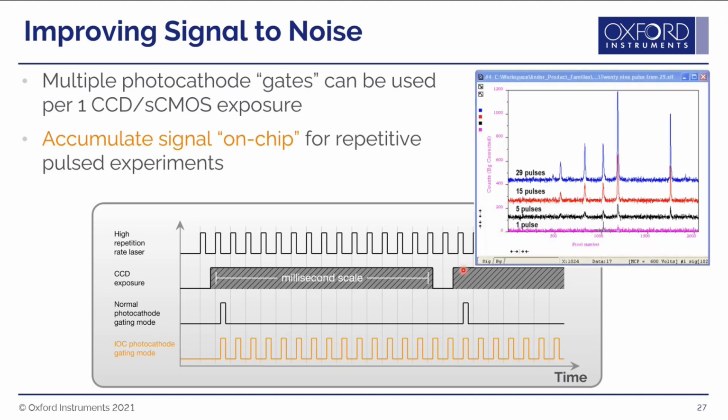Overall, your counts per exposure are greatly increased, and therefore you get a much better signal to noise ratio. So that's one way of increasing signal to noise ratio, but obviously that depends on you having a repetitive event that you're looking at.